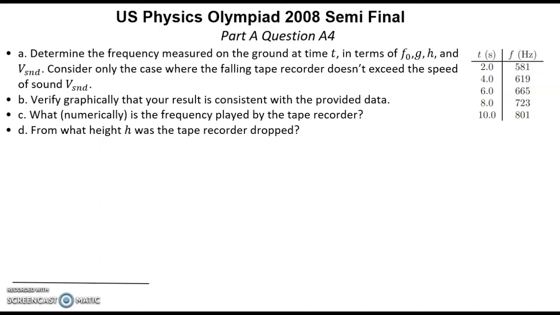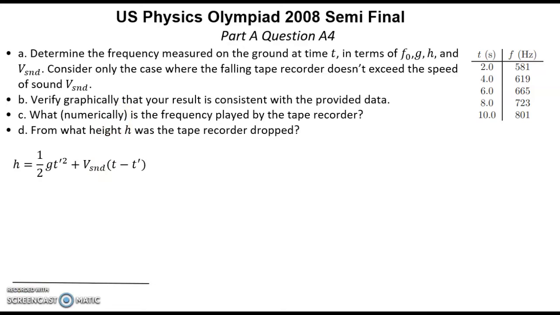In that case we can use the formula: total height equals total distance traveled by the source, which is 1/2 g t prime square, plus distance traveled by sound after that, which is v sound multiplied by t minus t prime.